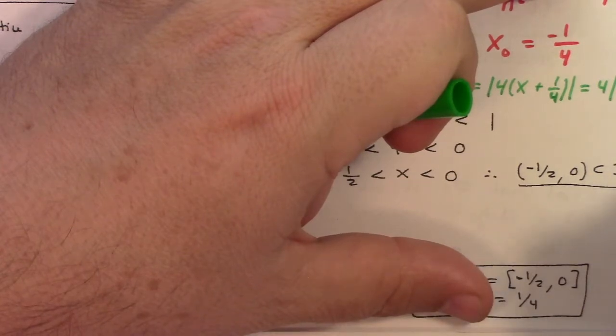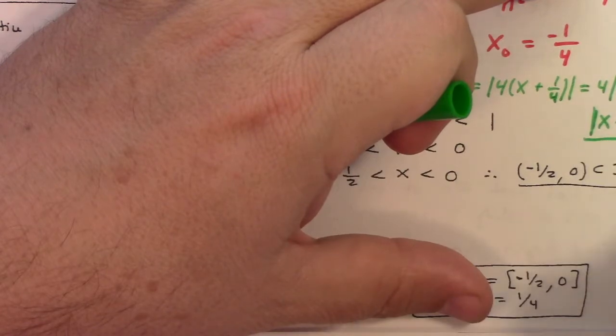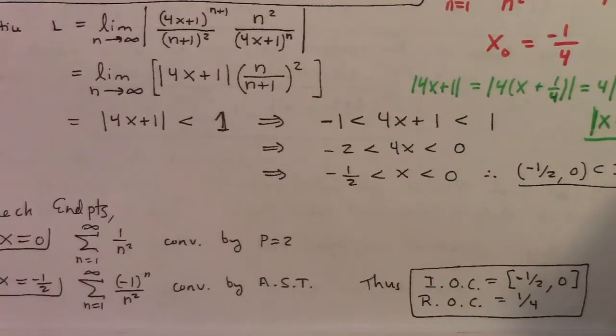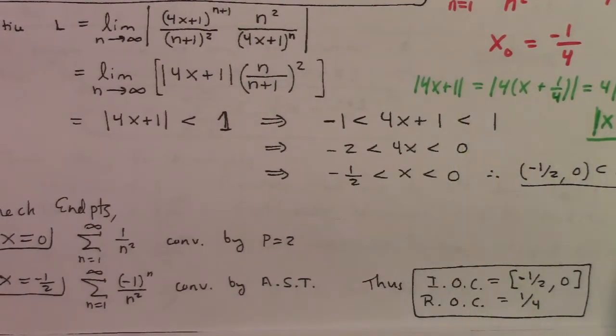Right, and we needed that to be less than 1, so that gives us that the absolute value of x plus 1/4 is less than 1/4. And so from that you can directly see that the center is minus 1/4, and that the radius is also 1/4. So I'm not discouraging the initial calculations. I'm just saying that they can also be understood in this way.